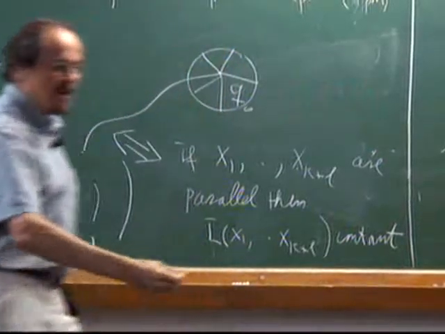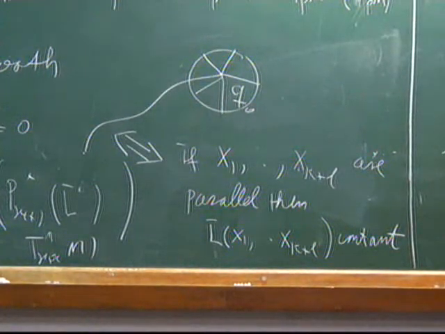So if it's function values, that's a constant. If it's a vector value, it would be a parallel vector field again. So it takes parallel things to parallel things, right? That's an equivalent way of formulating this.